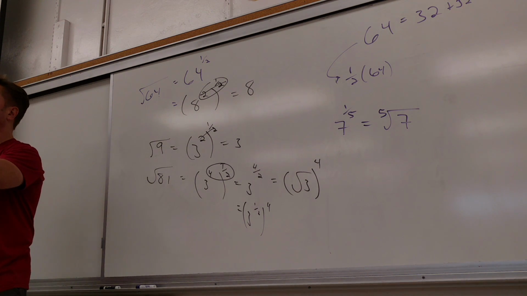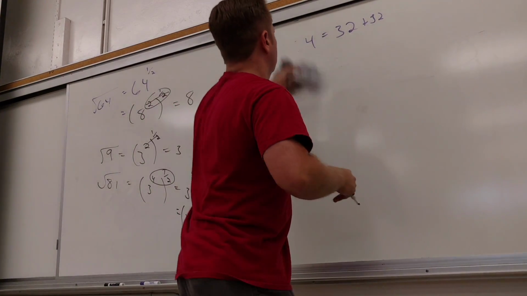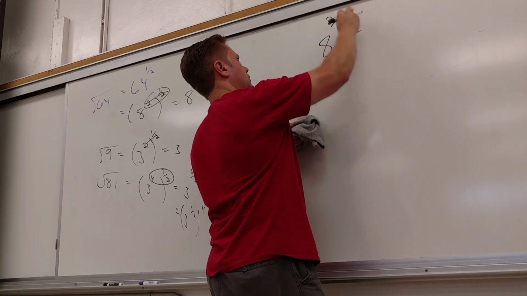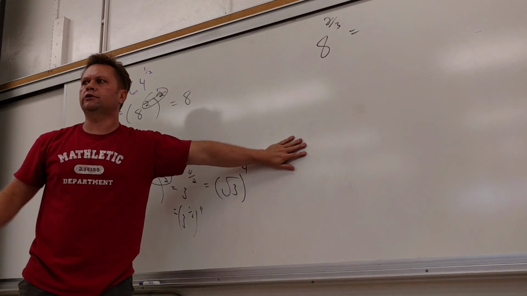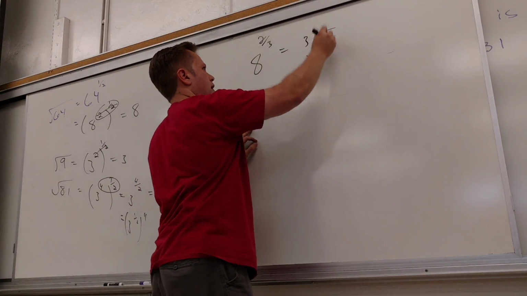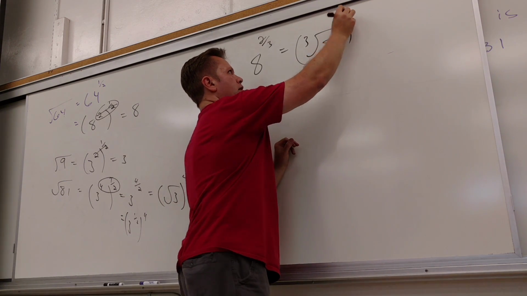All right, let me bring this back down. Let me make this a little more practical. So here's what I'm trying to get you guys to realize. If I had this 8 to the 2/3 power, how can I rewrite that to start attacking it? What's the root? Cube root of 8. And I could put the 2 on the inside, or I could put the 2 on the outside.